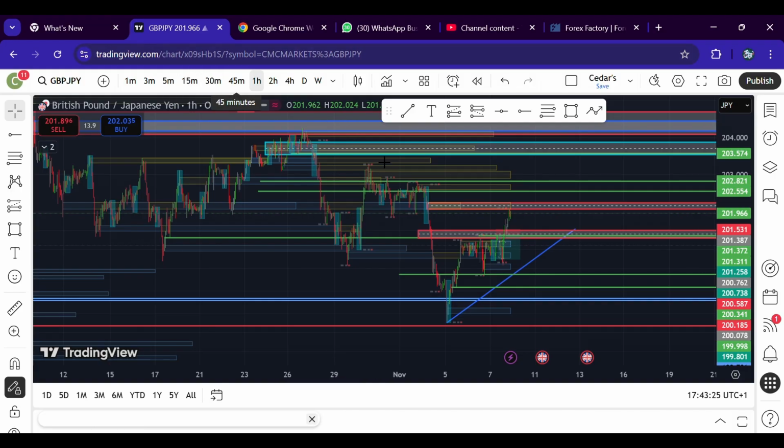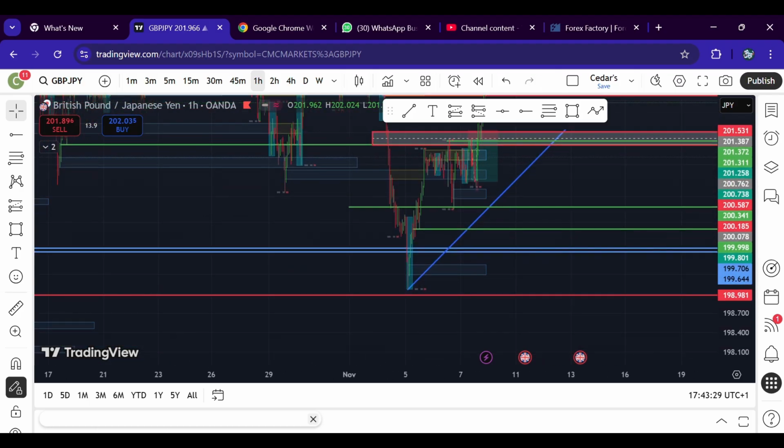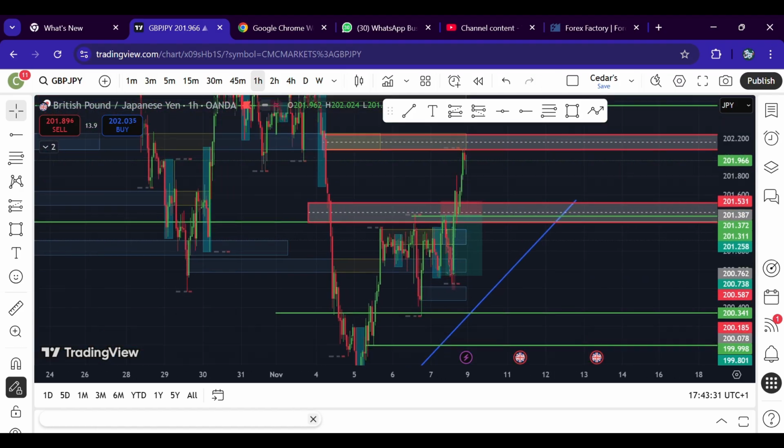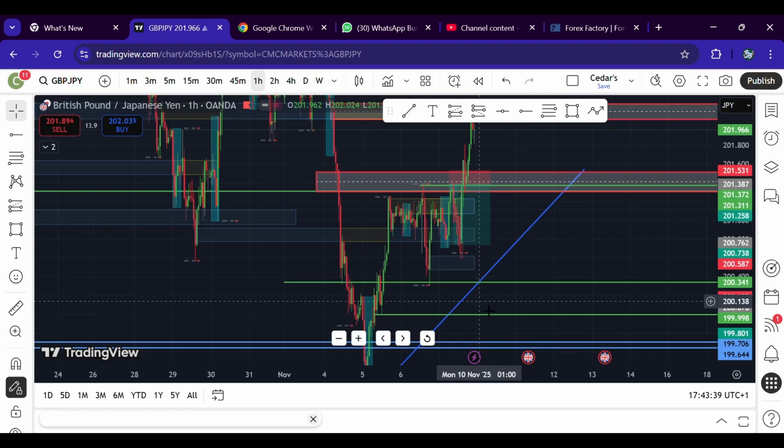So, as you can see, I initially had a sell trade, but I couldn't take it. I think price just went straight down.